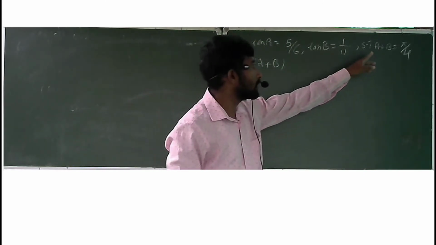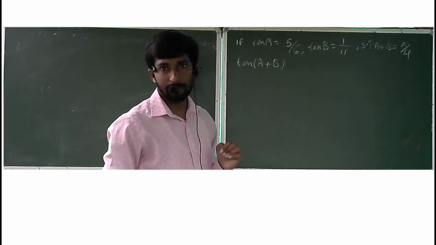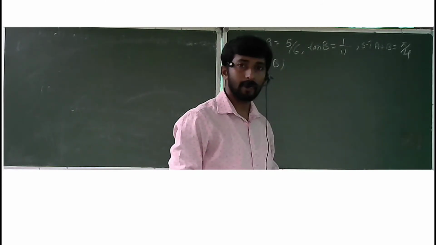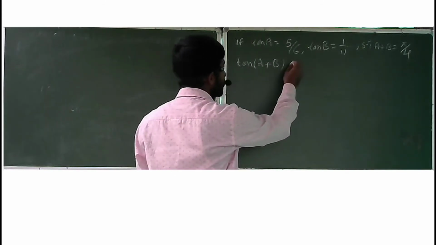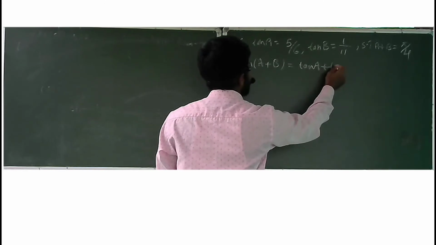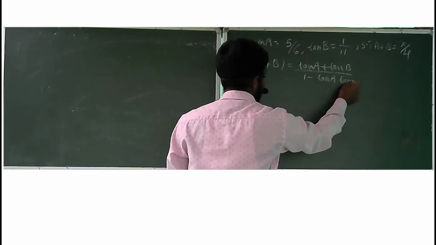Suppose the question is show that a minus b equal to pi by 4, you need to apply the tan of a minus b formula. But here the question is show that a plus b equal to pi by 4. So you need to apply the tan of a plus b formula. We have it's equal to tan a plus tan b divided by 1 minus tan a into tan b.